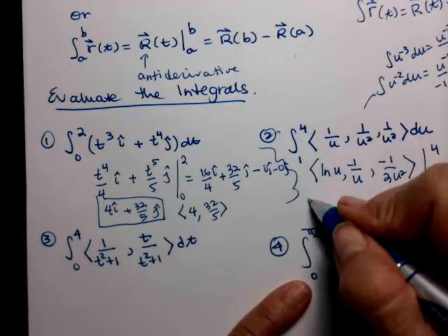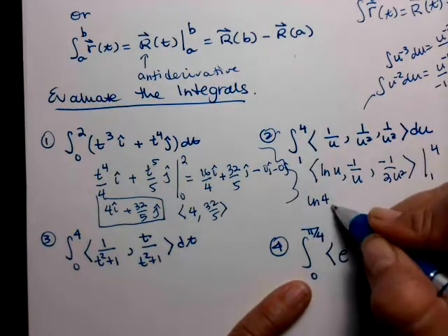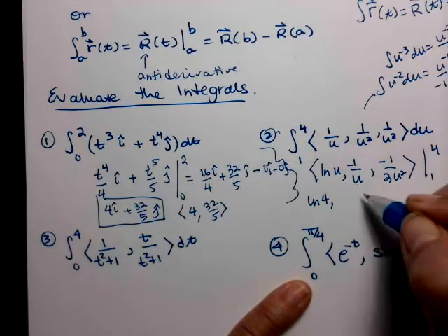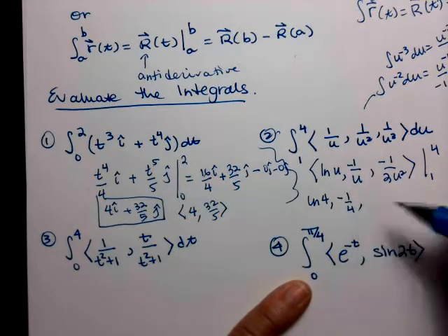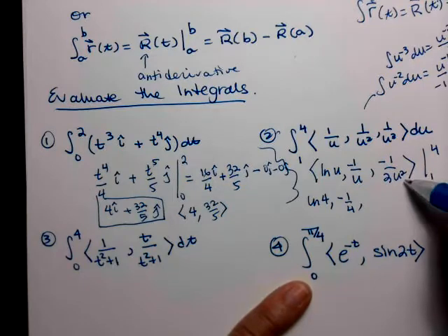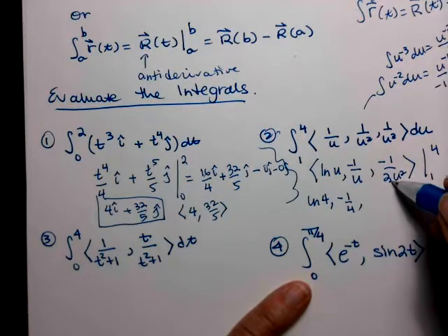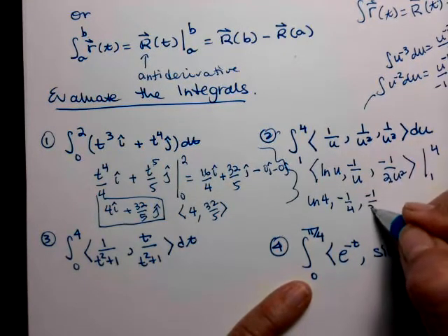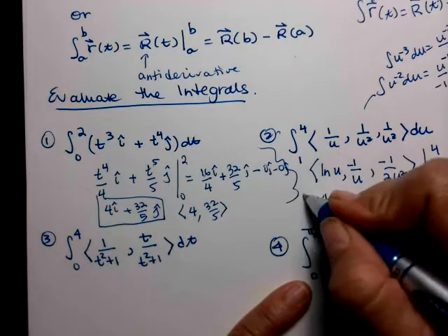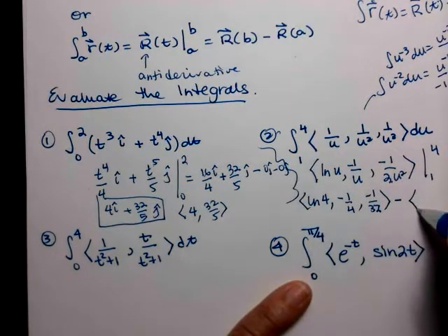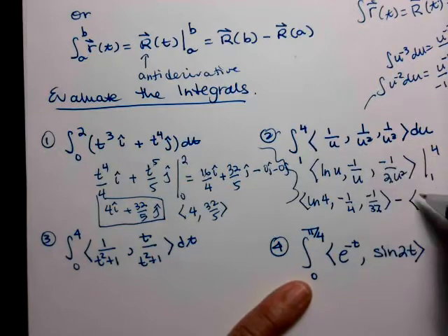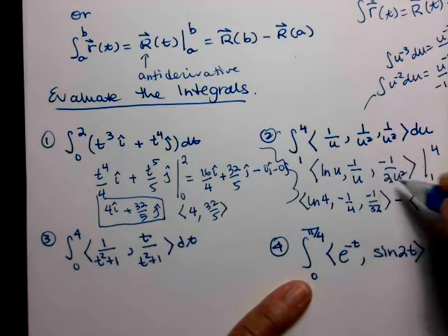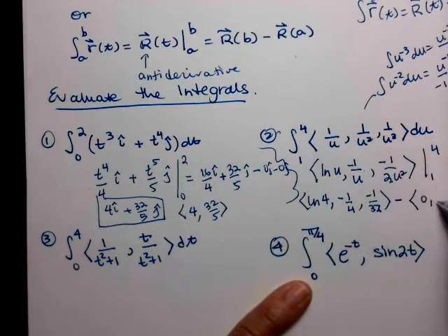Okay, so doing 4 first, I have the natural log of 4, comma, negative 1/4, comma, what is that going to be? So I plug in the 4, I'm going to get 16 times 2, so negative 1/32, minus, now plug in the 1. Natural log of 1 is 0, negative 1 over 1 is negative 1, and negative 1 over 2 times 1 squared is negative 1/2.